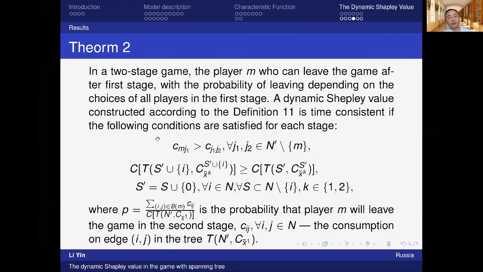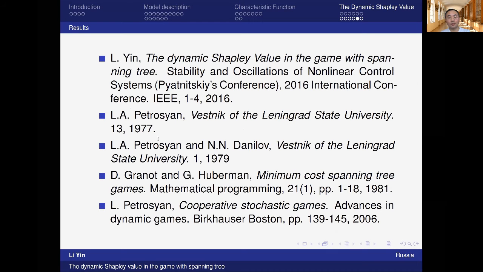Similarly, in the second theorem, we have other conditions to modify the dynamic Shapley value and make it time consistent. Here are several important publications. Thank you.